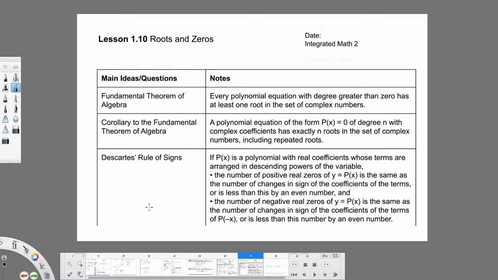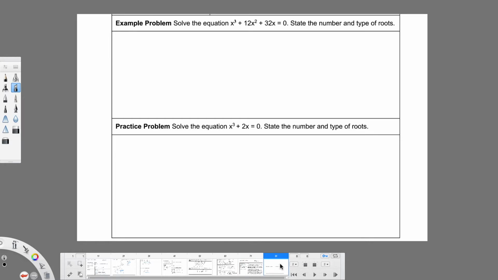So it's just a way of counting roots to see how many we should have, so we know at the end of our problem if we arrived at the correct number of roots. So let's go ahead and practice. We're not really going to practice the Descartes' rules, but we're going to practice finding the roots and then stating what type they are.